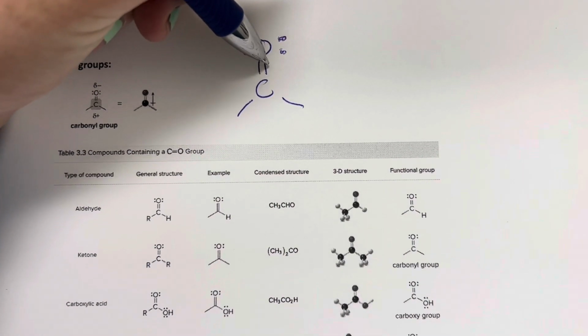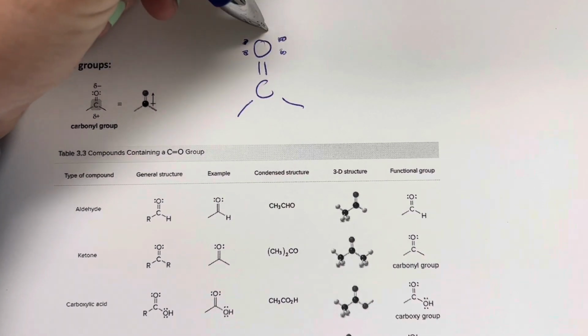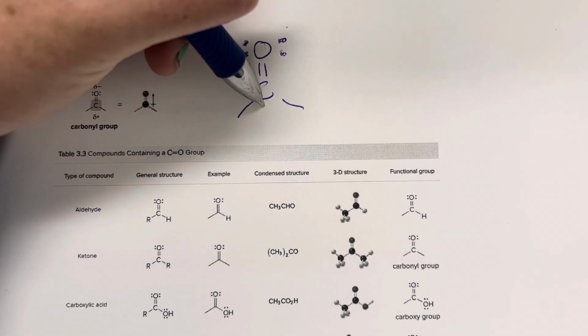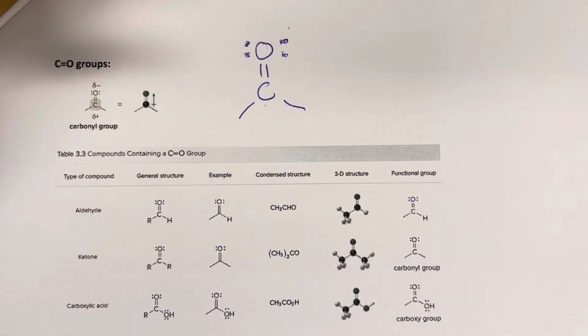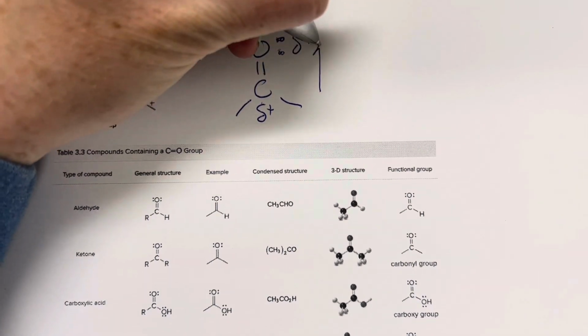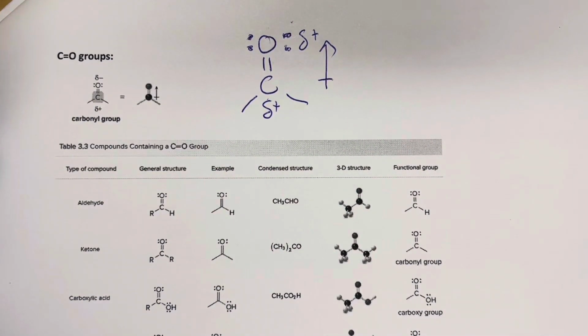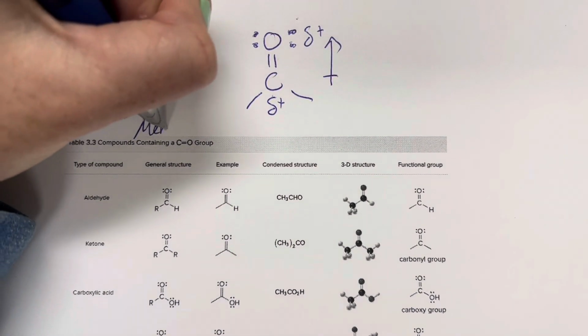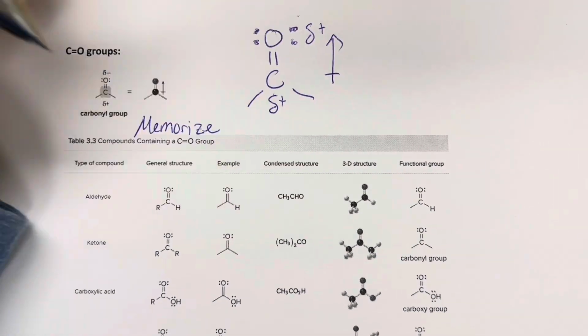Remember this lone pair can go up there, leaving this as a single bond, so that becomes negative and that becomes positive, or they can stay there. Either way, this is going to be a partial positive and this is a partial negative, again, because this is a polar bond right there. So all of these have polar bonds. Yes, you have to memorize all of these for the next exam.